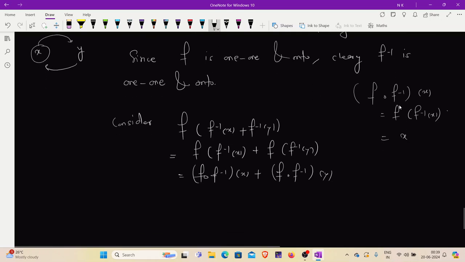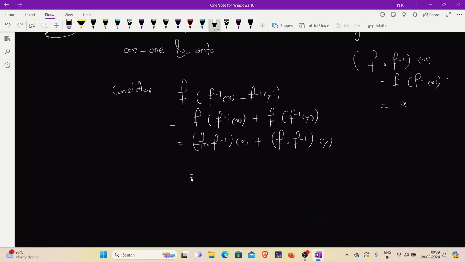Similarly, f∘f inverse of y will be y. So this is I of x plus I of y, and it is true for all x belonging to K. So f∘f inverse is nothing but the identity map. Similarly, we can verify that f inverse∘f is the identity map. So I of x plus I of y is x plus y.